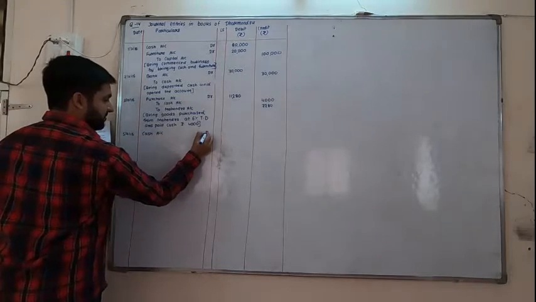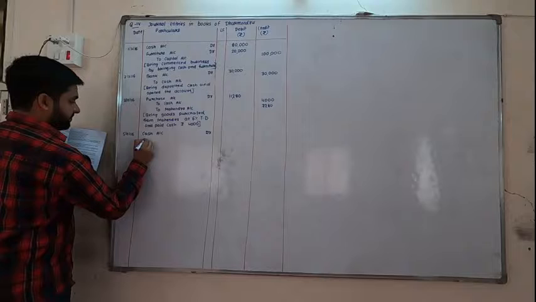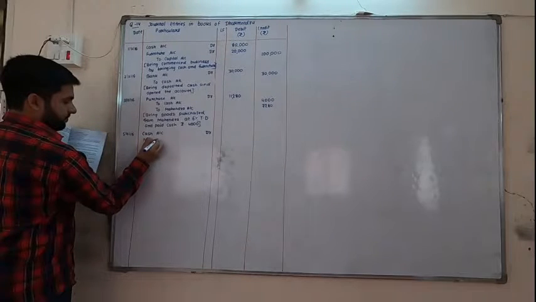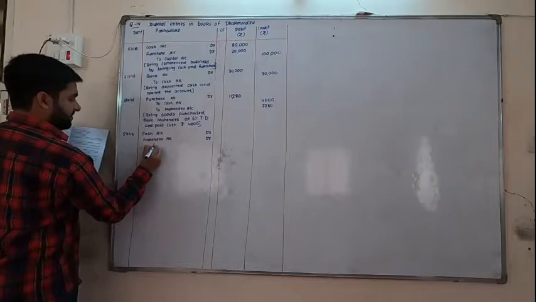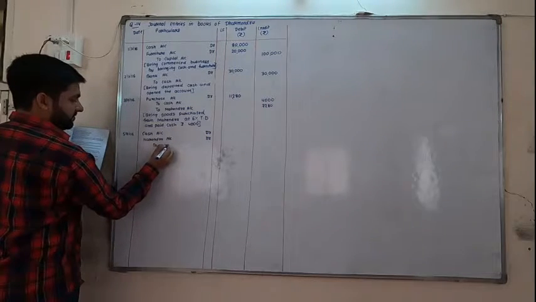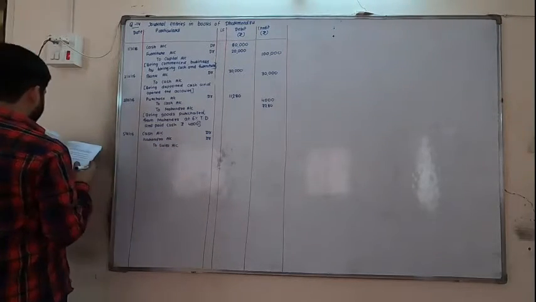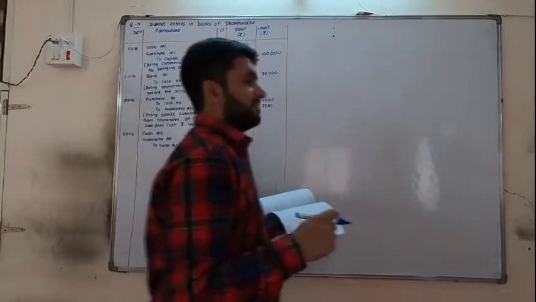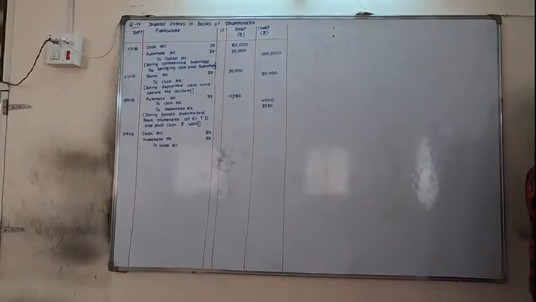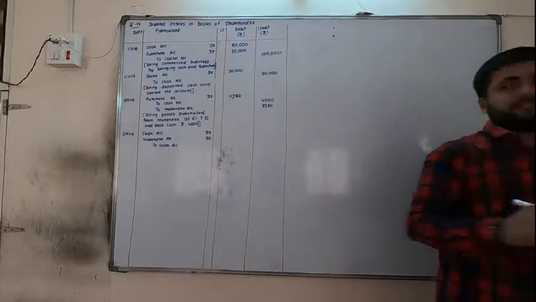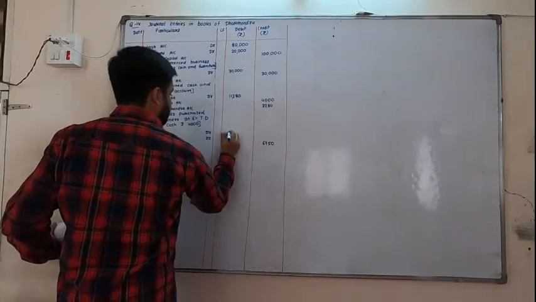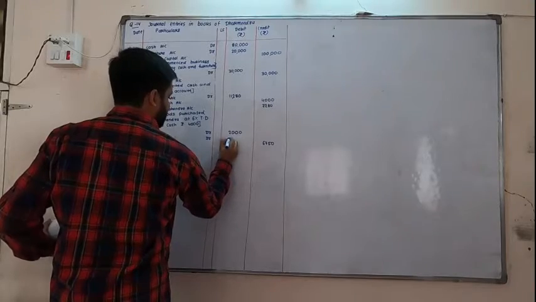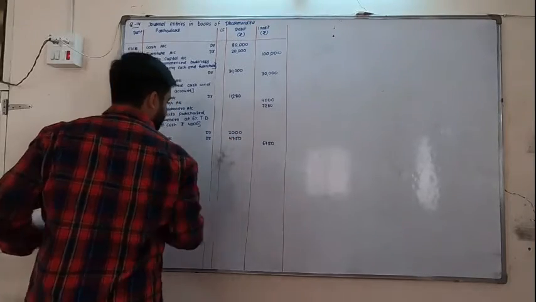Cash account debit, Narendra account debit to sales account. Now 7,500 minus 10% is 6,750. 2,000 cash is received, so 4,750 is still receivable.